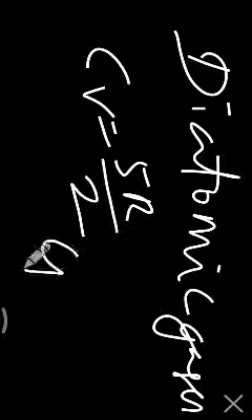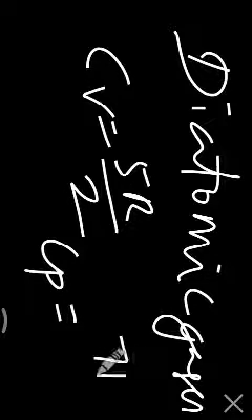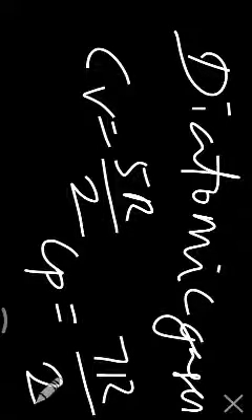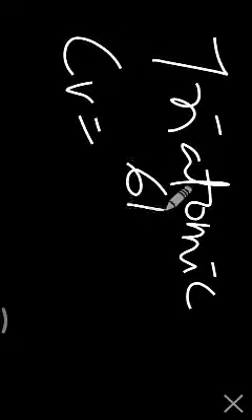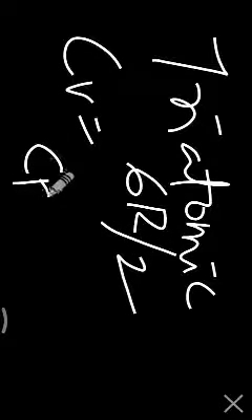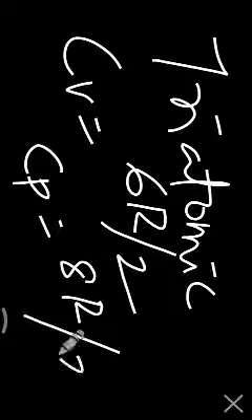For diatomic gases like oxygen, nitrogen, chlorine, for all these diatomic gases, the Cv is equal to 5R by 2, Cp is equal to 7R by 2. There it is 3R, 5R, here it is 5R, 7R. For triatomic gases like SO2, NO2, the Cv is equal to 6R by 2, the Cp is equal to 8R by 2.